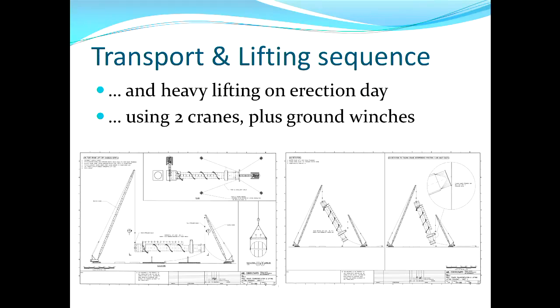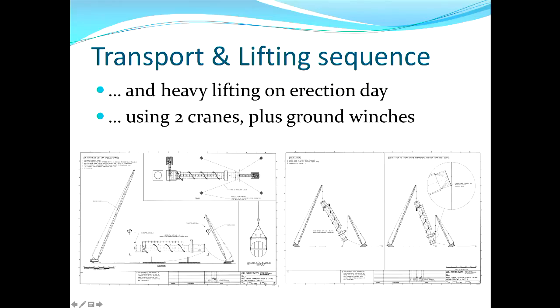While the ground winches are stabilising the base of the prill tower, these two cranes are lowering and raising the prill tower so it's rotated. The forces in these cables change as the orientation of the prill tower alters through its rotation.